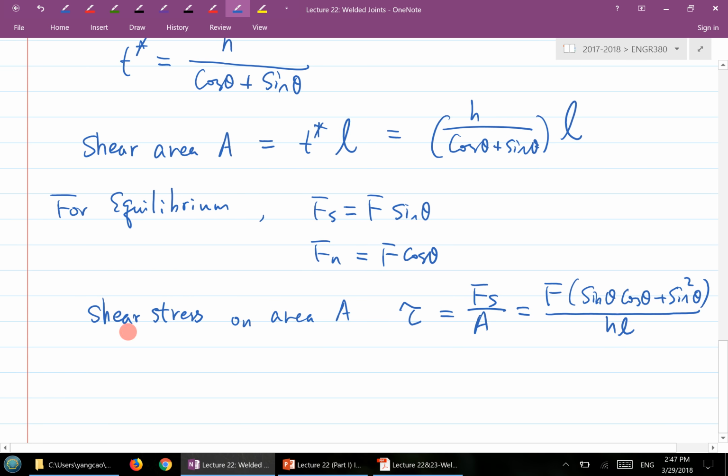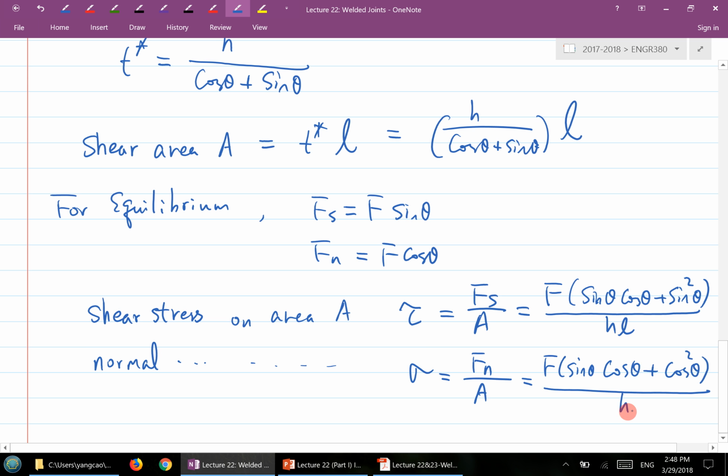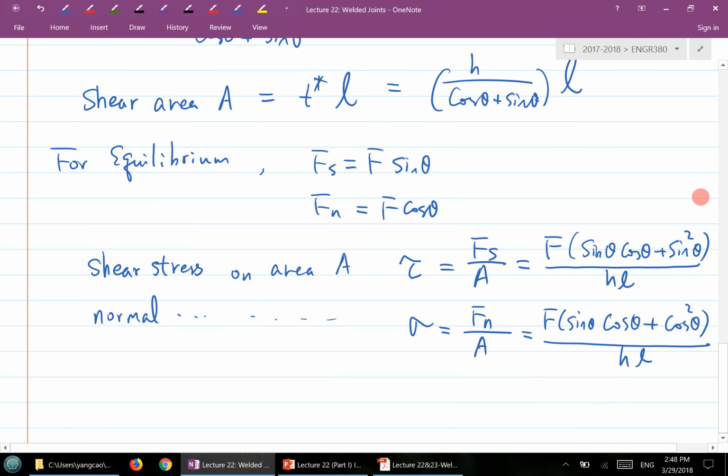And similarly, you can calculate the normal stress on this area A, which is caused by Fn, over A. That gives us a very similar expression: sine theta cosine theta plus cosine theta squared, divided by HL.